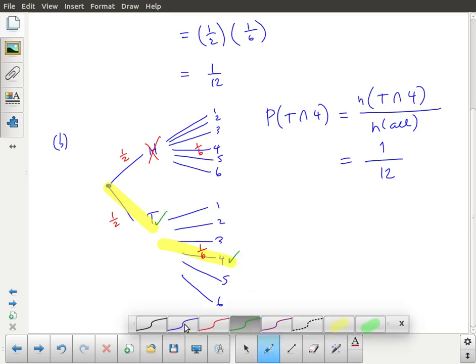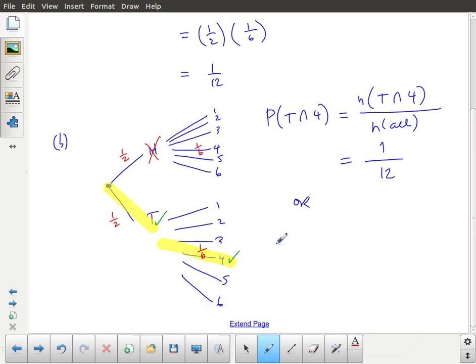So the probability of tails and 4 is going to be equal to 1/2, which is the first part of my probability pathway, multiplied by 1/6, which is the second part, and of course once again for the third time we get the identical result, 1/12. These are independent events. They have nothing to do with each other. We're just grouping them together to make a compound event.